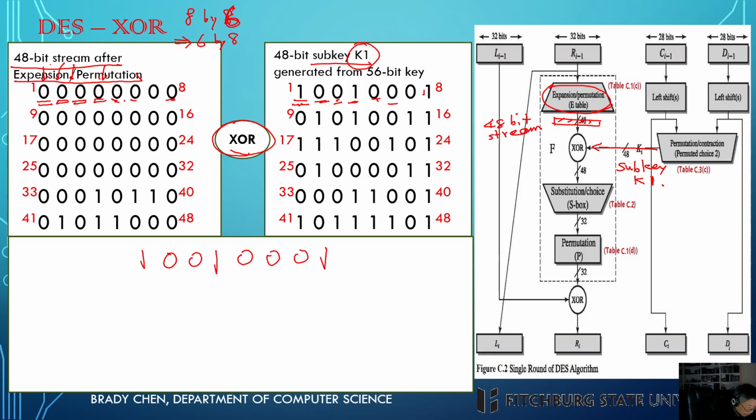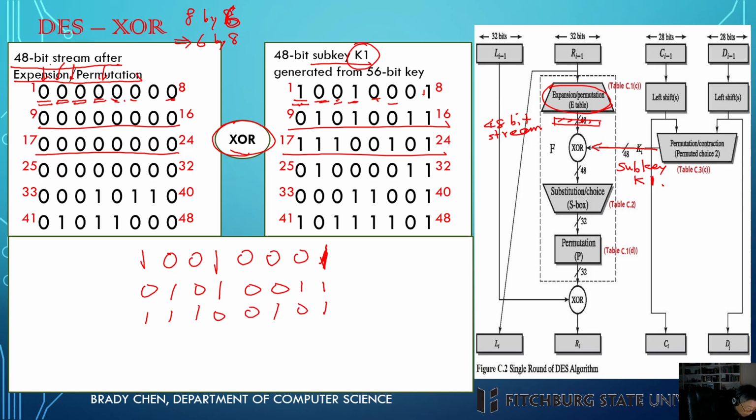Okay. Similarly, we can do the second row. The second row here is 0, 1, 0, 1, 0, 0, 1, 1. And then the third row here is 1, 1, 1, 0, 0, 1, 0, 1. And then the next row is 0, 1, 0, 0, 0, 0, 1, 1.